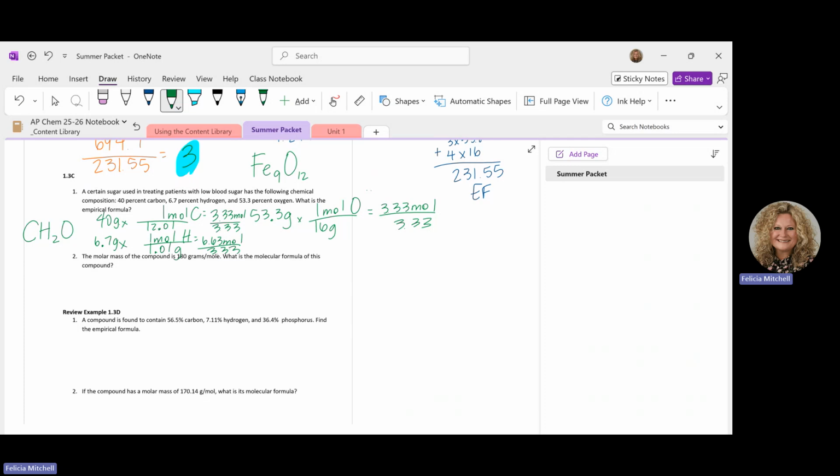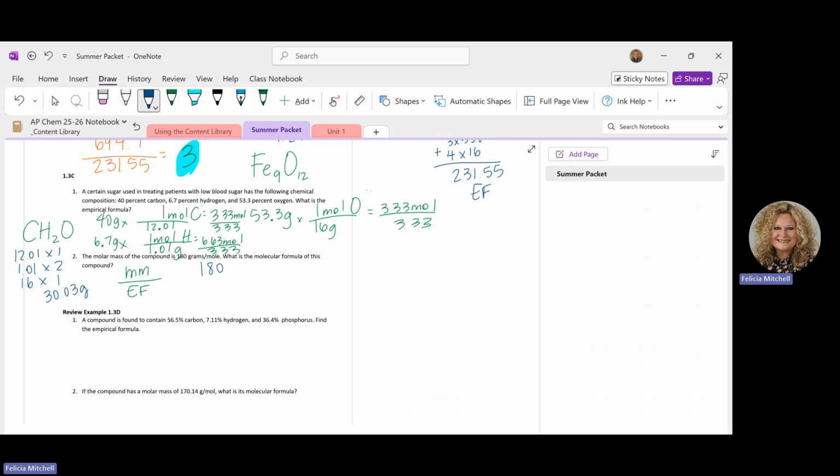But they're saying you've got to think about MM over EF to get the actual molecular formula. So now you add up 12.01 times 1 for the carbon in the empirical formula, 1.01 times 2 for the hydrogen, and 16 times 1 for the oxygen. That turns out to be 30.03 grams for the empirical formula.